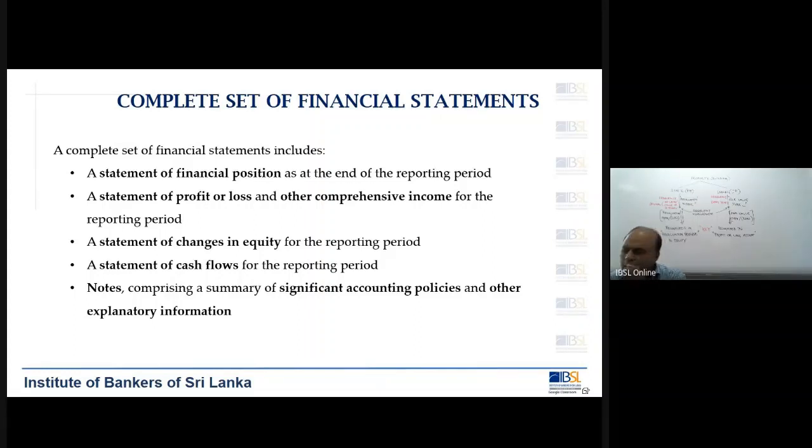So under LKS 1, the name given for the balance sheet is a statement of financial position. Then we talk about the traditional P&L, which talks about the profit or loss. That is known as statement of profit or loss and other comprehensive income. That is the new terminology used under LKS 1.